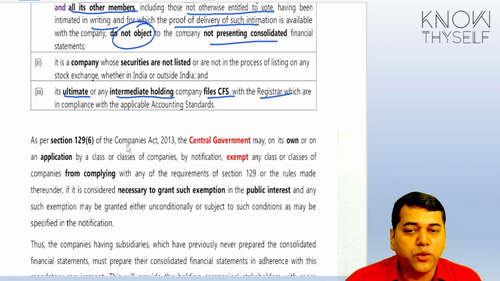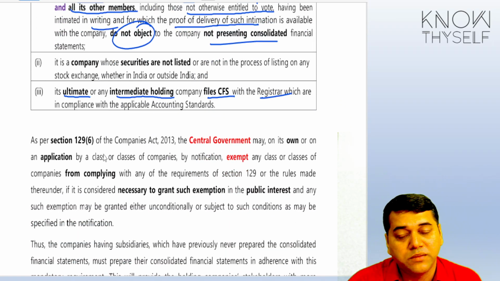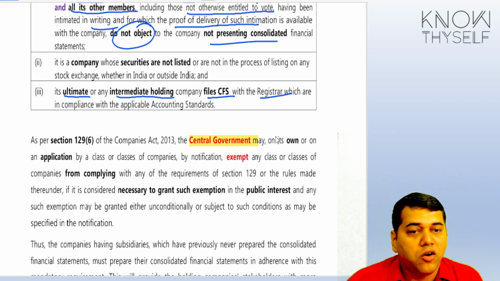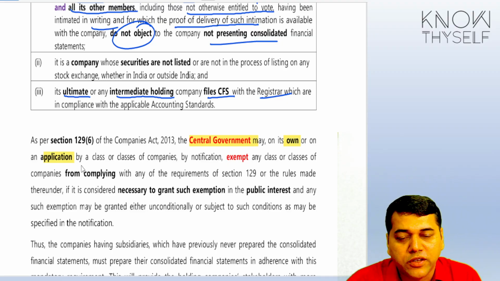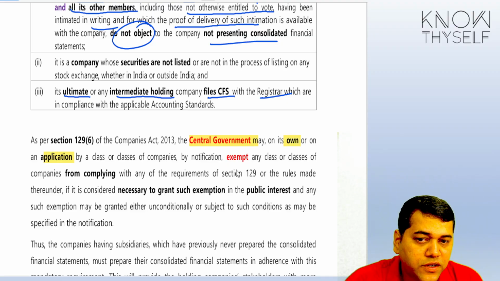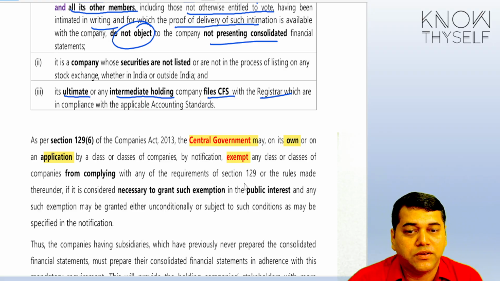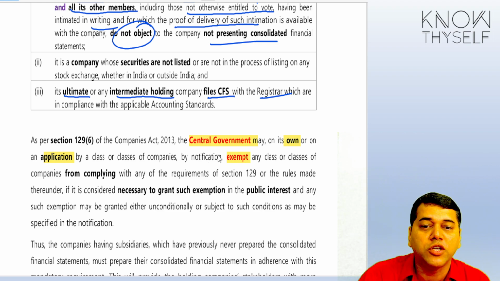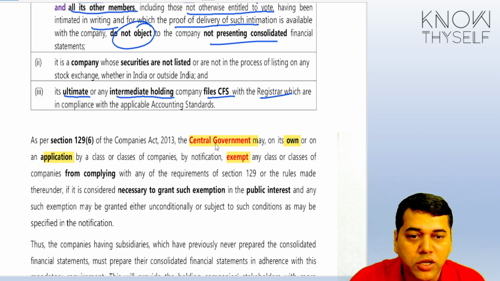Now, section 129(6) says one more exemption it gives, that the central government on its own, or you can apply to the central government for a class of companies, they can exempt it from complying. They will not give it for individual companies, so as individual companies, you don't apply.